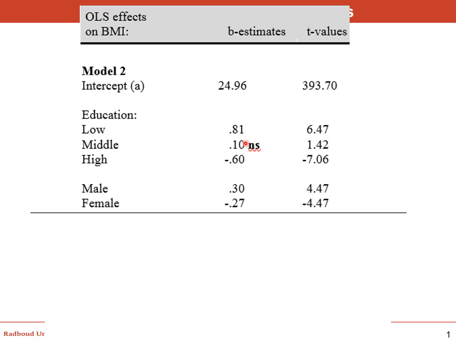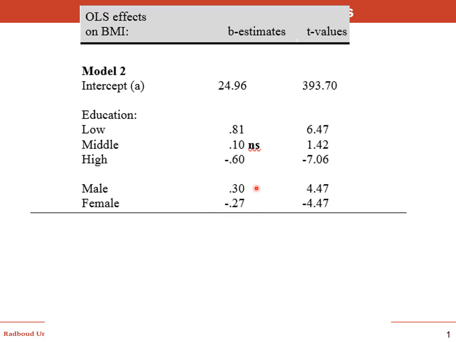The estimates here denote the difference between the category and the sample mean. So the low educated have an average body mass index that is 0.81 higher than the sample mean. The high educated have an average body mass index of 0.60 below the sample mean, as indicated by the minus sign. And the middle educated do not differ from the sample mean in a significant way.